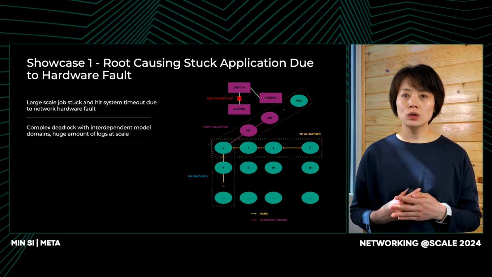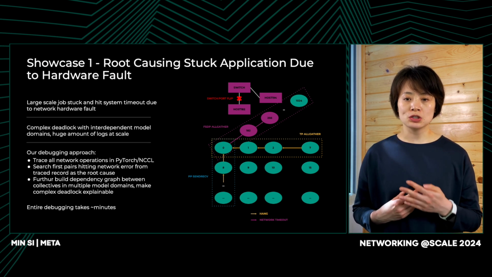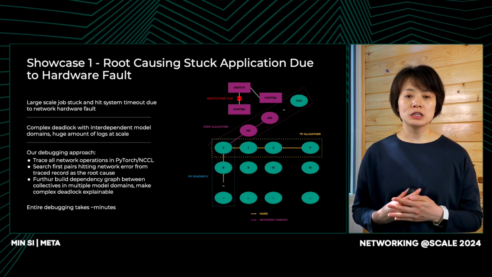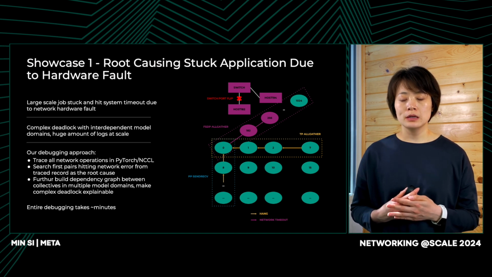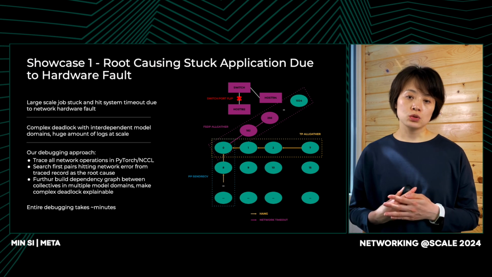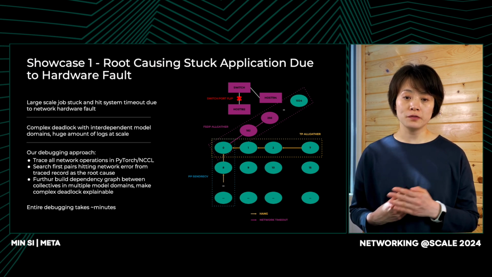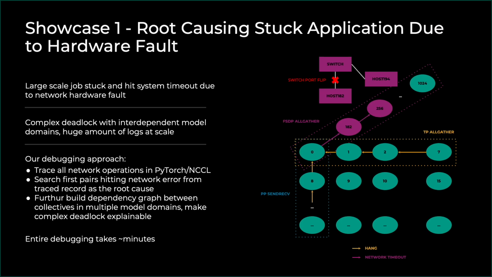Now let's take two examples to go through the solution and show how we resolve different types of failures. The first example I want to share is a large-scale job that got stuck and hit a system timeout due to a network hardware fault. The graph shown here is a three-dimensional parallel training in our Llama 3 training job.